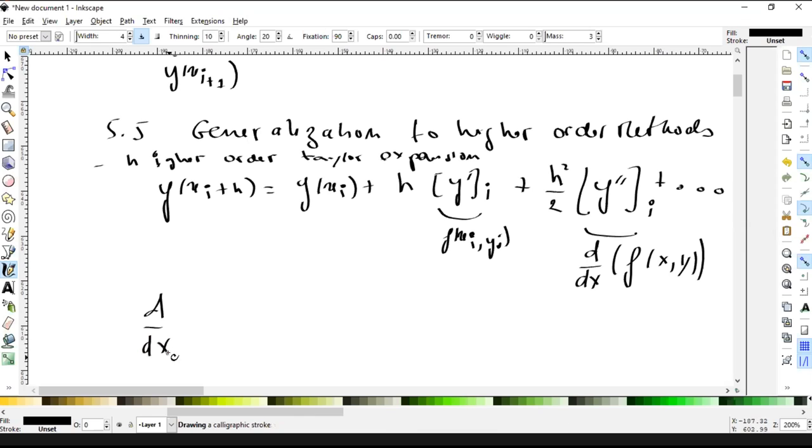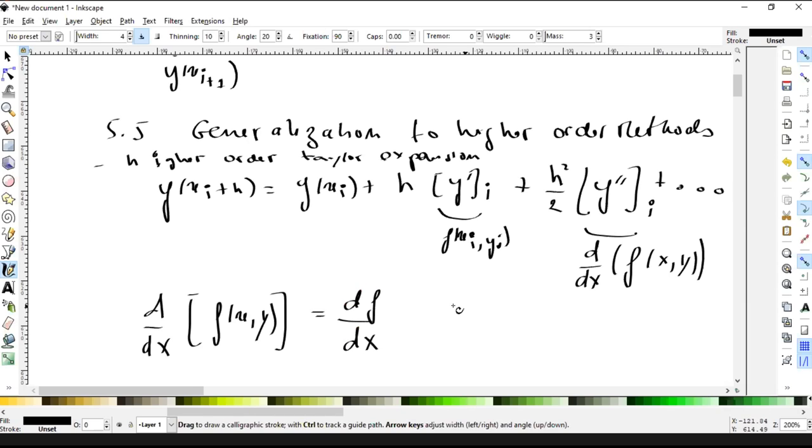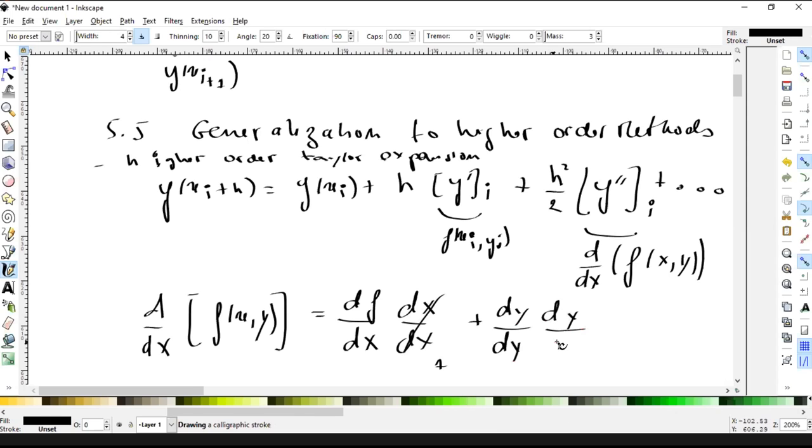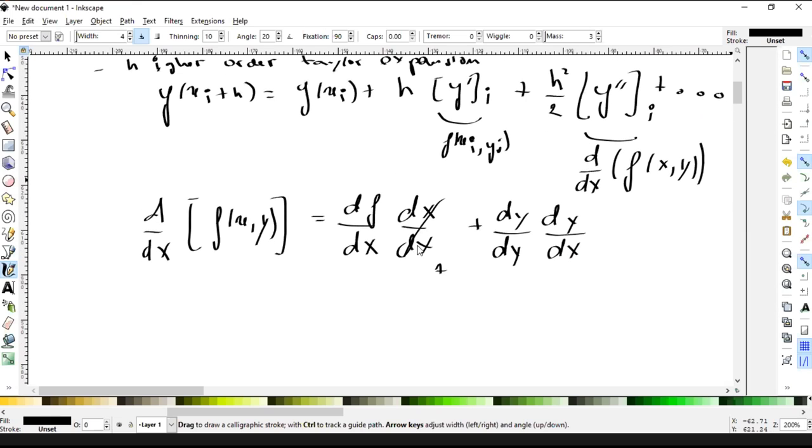So when you want to take the derivative d over dx of f(x, y), you must derive it: df over dx times dx over dx, which is 1, plus df over dy times dy over dx.